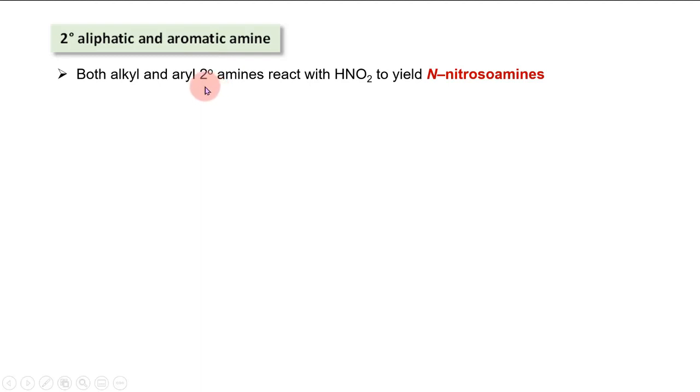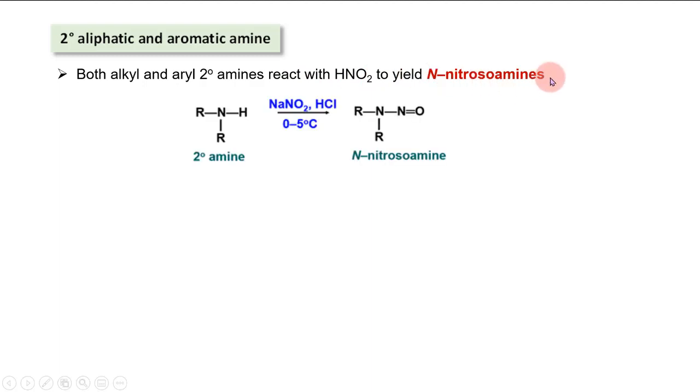And then let's look at the secondary aliphatic and aromatic amines. I classify both together because they will show you the same observation. So both alkyl and aryl secondary amines react with nitrous acid to yield N-nitrosoamines. So this is the general formula in which, when you have these secondary amines, the only hydrogen attached to the nitrogen will be substituted with this N double bond O, which we call the nitroso substituent. N-nitroso because this NO group is attached to the nitrogen.